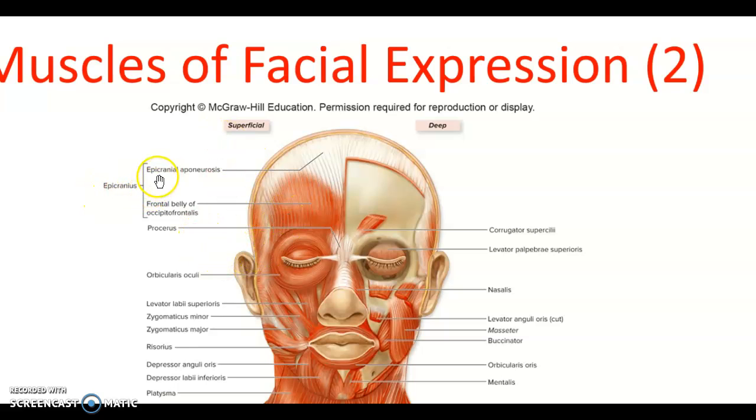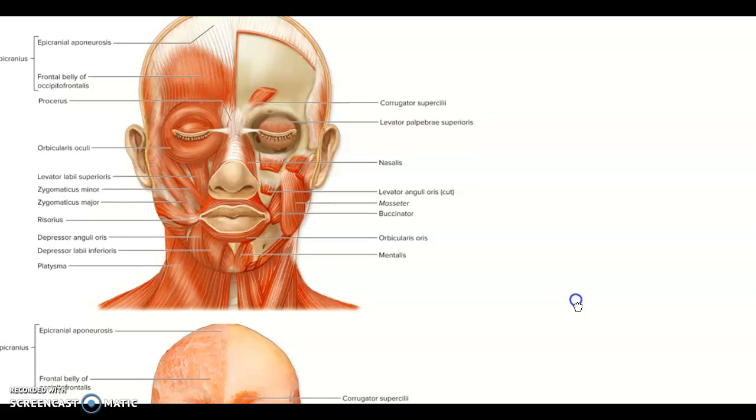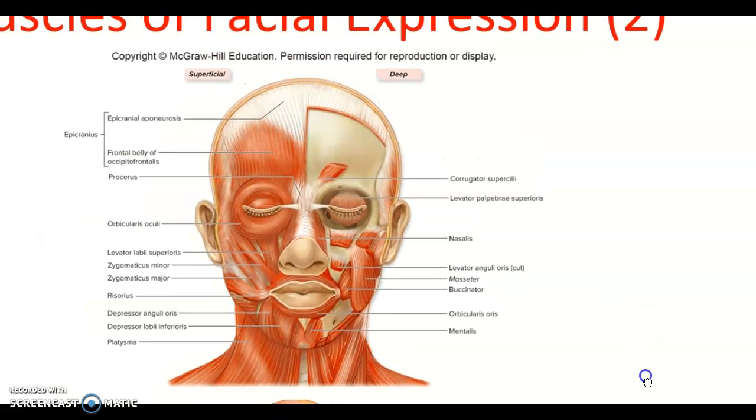So the epicranius is the epicranial aponeurosis, the frontal belly of the occipitofrontalis, the procerus, the corrugator supercilii, levator palpebrae superioris. Okay, so these are the ones that are important. The nasalis, right here, so the levator anguli oris, right, so it's still underneath the eye, close to the eye.